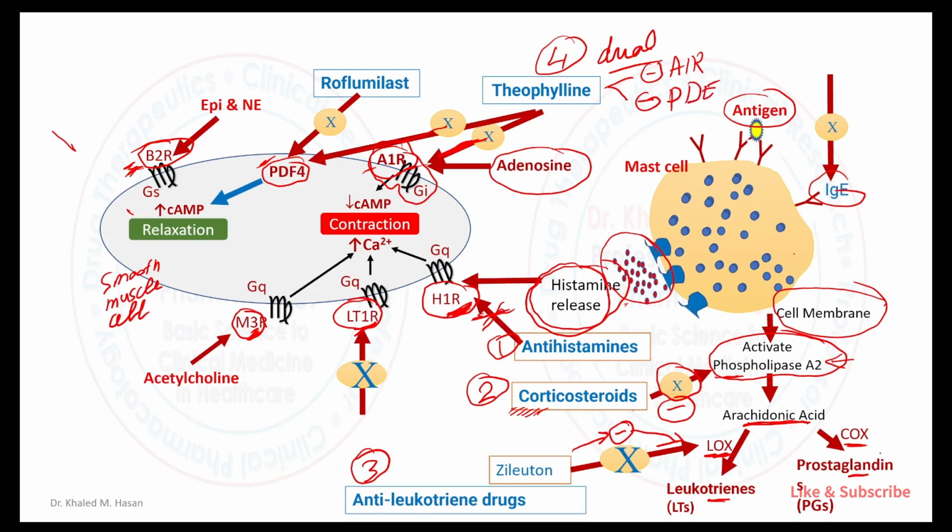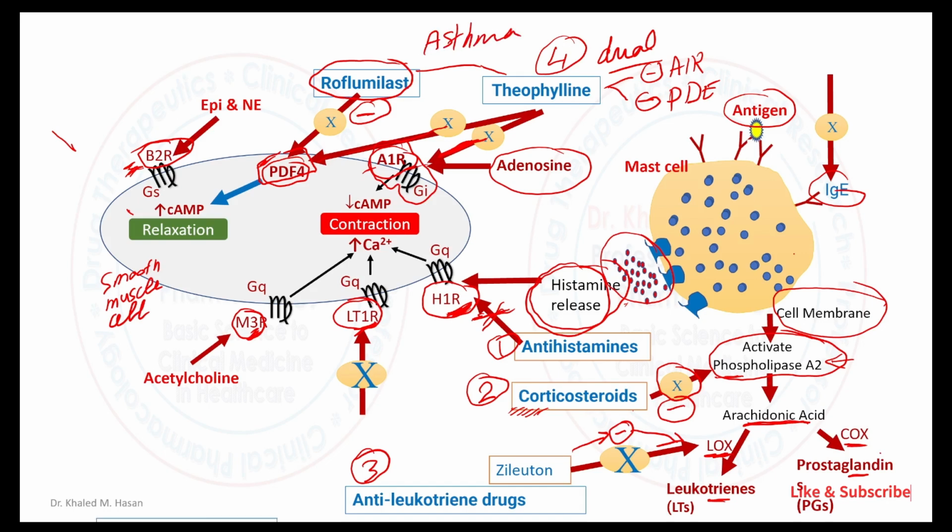Then we have a selective one, which doesn't need to inhibit adenosine. We have another medication called roflumilast. Roflumilast inhibits only the phosphodiesterase. Theophylline and roflumilast are both used for patients suffering from asthma. It's not for allergic rhinitis.